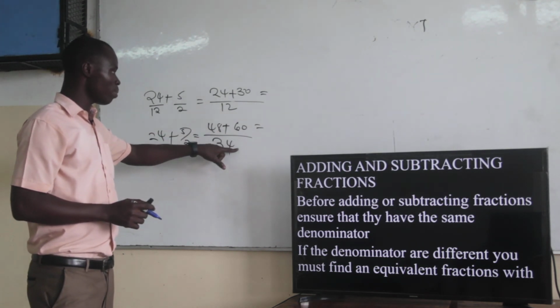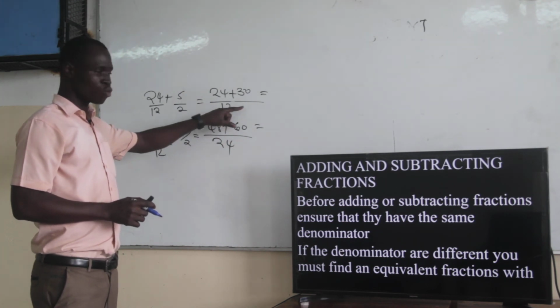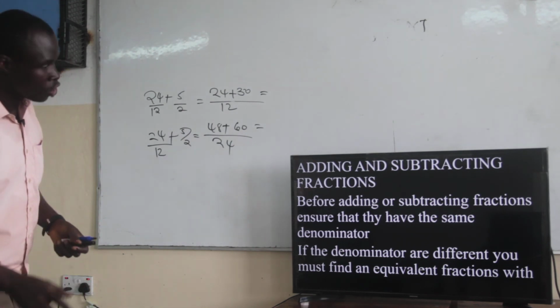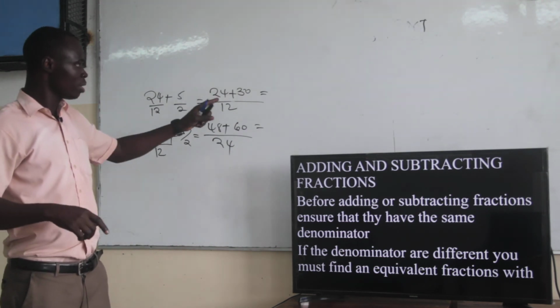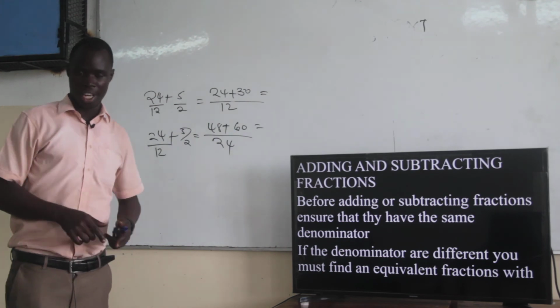This one you have to simplify. Actually, you have to divide by 2 in order to arrive to where this person is. So ensure that whatever number you are choosing, the denominator has to have the lowest value possible.